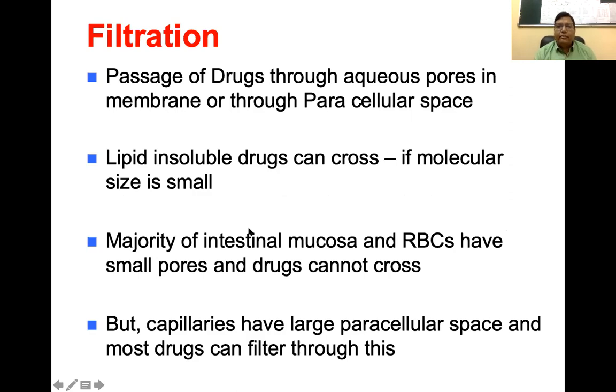So next, one more method of transportation across the biological membrane is the passage of drugs by filtration.